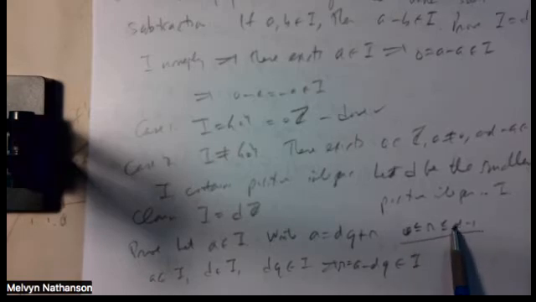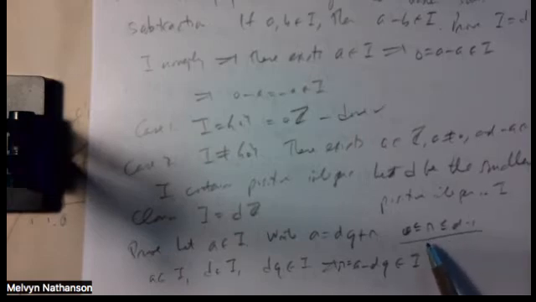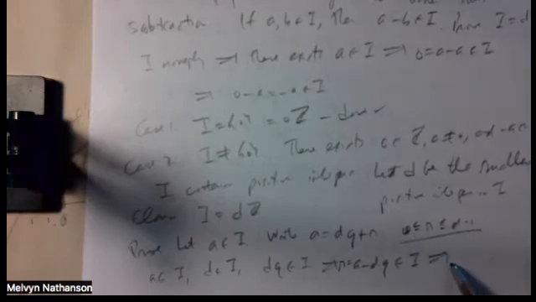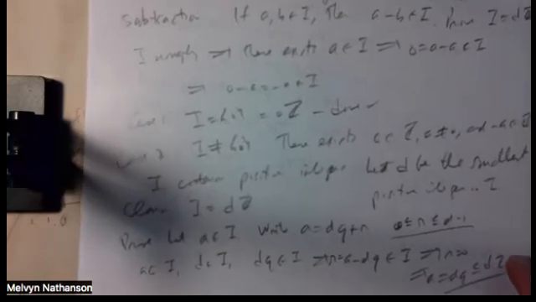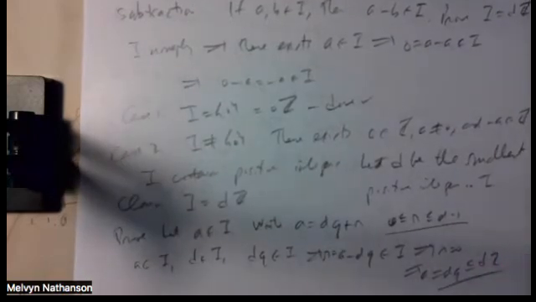D is the smallest positive integer in the set I. So if R is non-negative and strictly less than D, that means less than or equal to d minus 1, then R equals 0. Which means A is dq, which is a multiple of D. So every element of the ideal is a multiple of D.